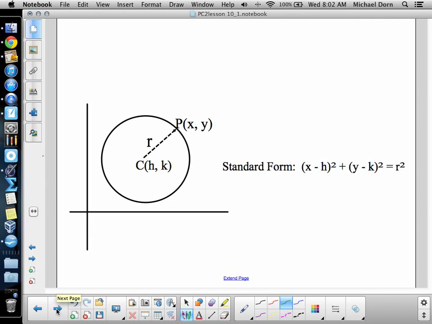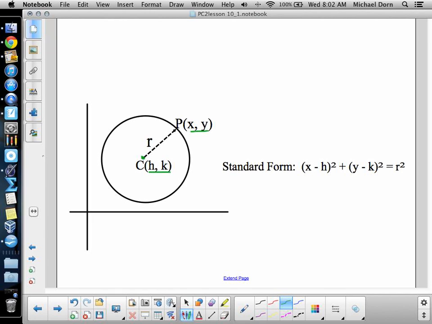And again, we can generally find this equation fairly simply if we know the center of the circle and at least one point on the circle. If I know the center, I just plug that into the equation as h and k. If I know any point on that circle, I can find the radius by just running the distance formula between these two.